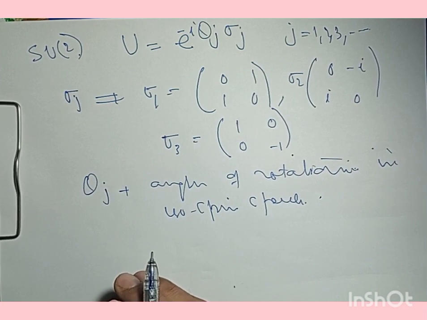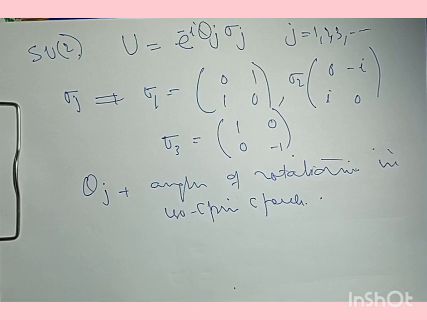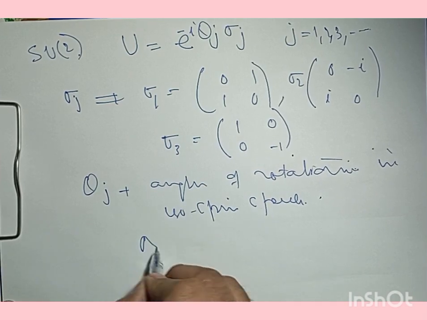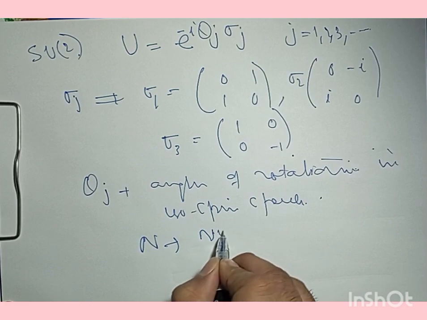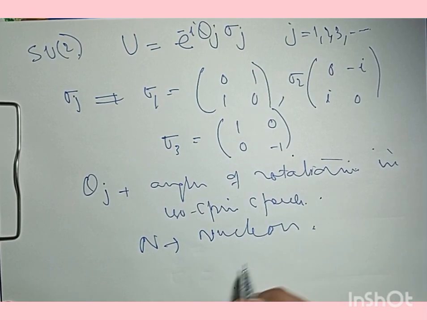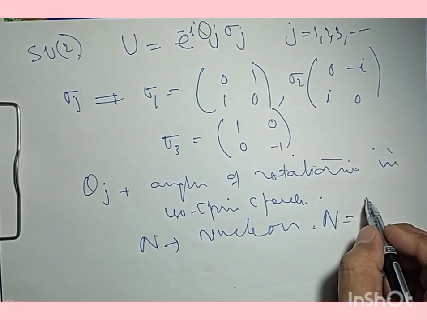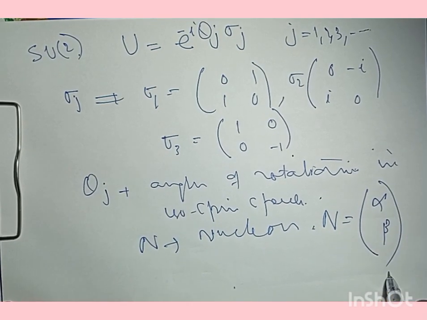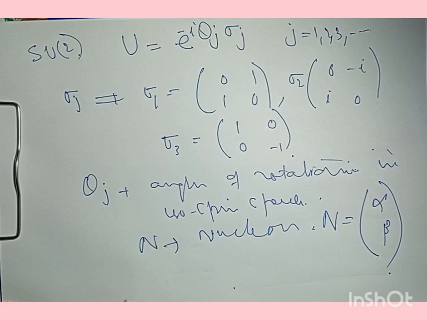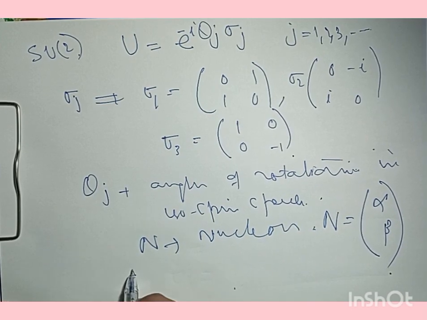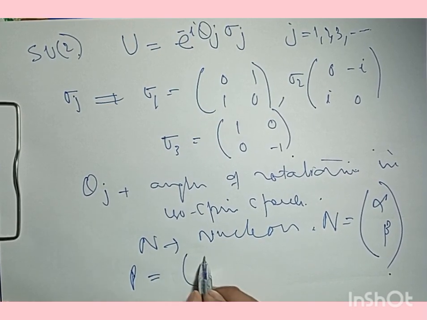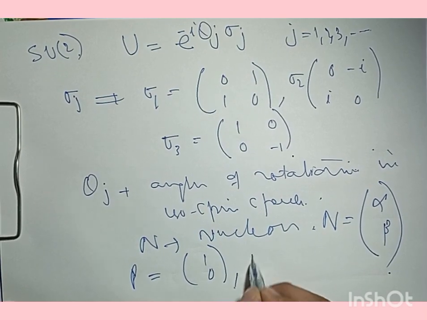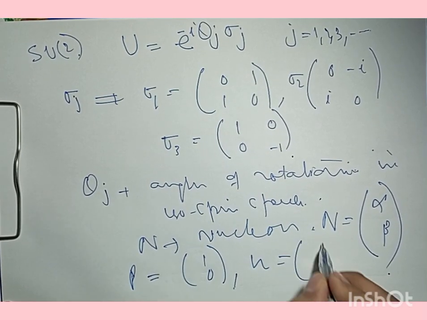Therefore, if we write down a nucleon N as a two-component column matrix, it is a column matrix with alpha and beta. For the proton we have the column matrix (1, 0), and for the neutron we have the column matrix (0, 1).